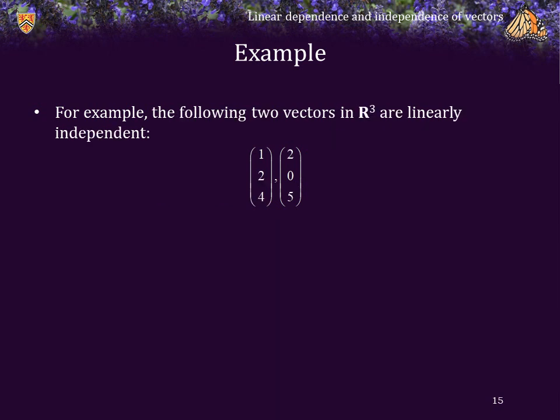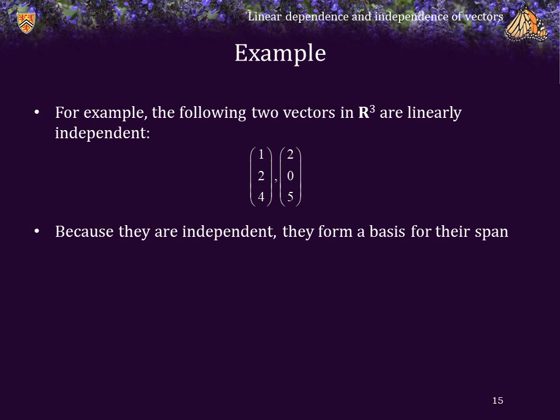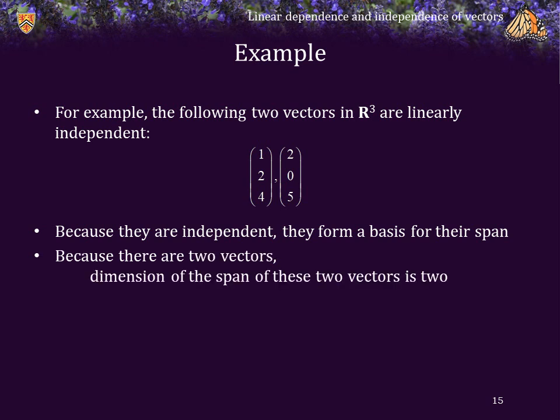For example, if we consider the following two vectors in R^3, we note that they are linearly independent, as one is not a scalar multiple of the other. Because they are linearly independent, they do form a basis for their span. Because there are two vectors, the dimension of the span of these two vectors is 2.